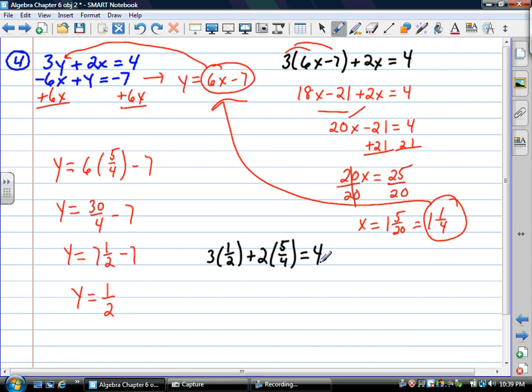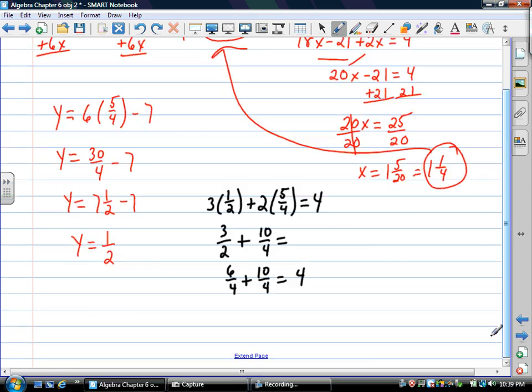I sure hope it does. 3 times 1 is 3 over 2, plus 2 times 5 is 10. That's 10 over 4. 3 over 2 is the same as 6 over 4, so I get 6 over 4 plus 10 over 4. What's that, guys? Does that equal 4? It sure does. We get 6 plus 10. That's 16 over 4 equals 4. Nice check. Good job.